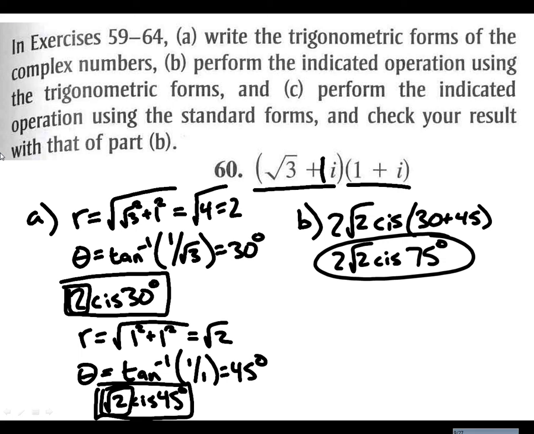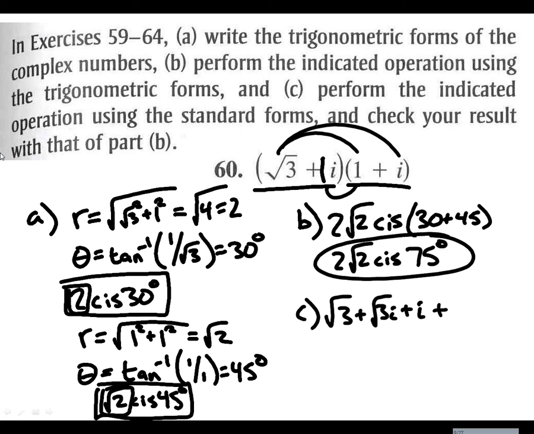All right, part C, perform the indicated operation using the standard forms. So we would just FOIL this, is what they're saying. First, rad 3 outside, plus rad 3 i, inside plus i, and last would be plus i squared, which is -1.